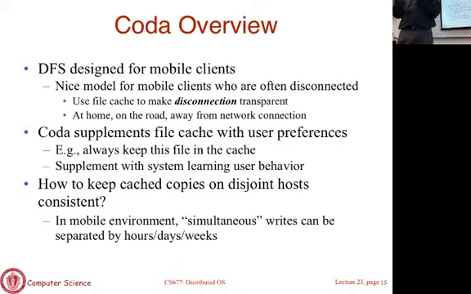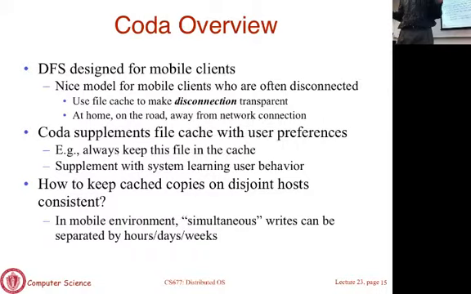So if you have actually used Gmail, which I presume most of you have, Gmail has now a notion called disconnected mode. This is essentially what Gmail disconnected mode does, because Gmail essentially is web mail, and you can only access your mail if you are connected to the network. The big disadvantage in Gmail is if you are now in an environment where you have no network access, you can't get your email anymore.